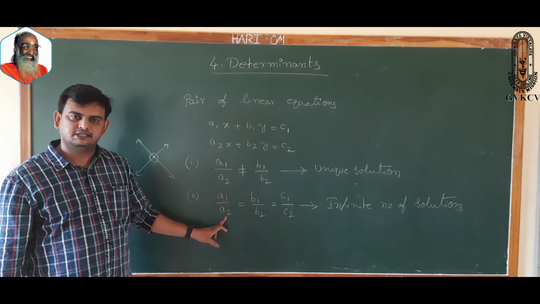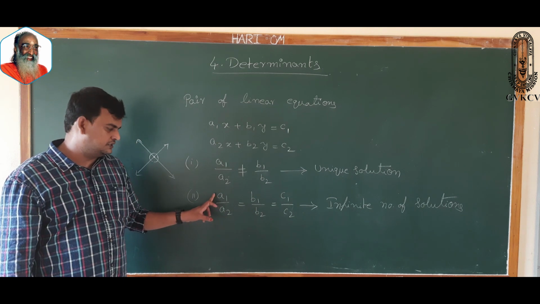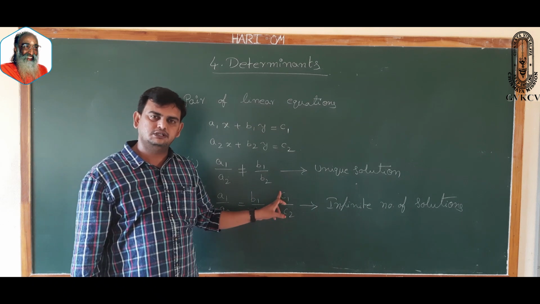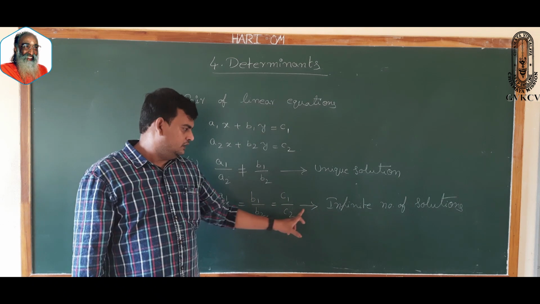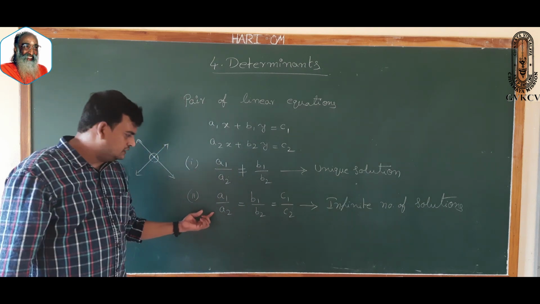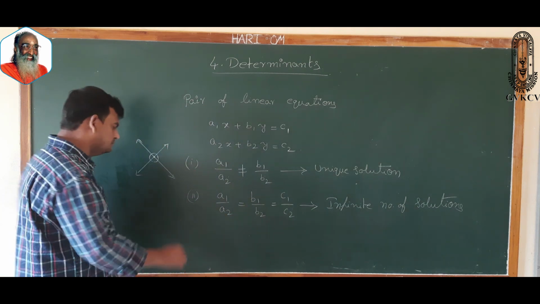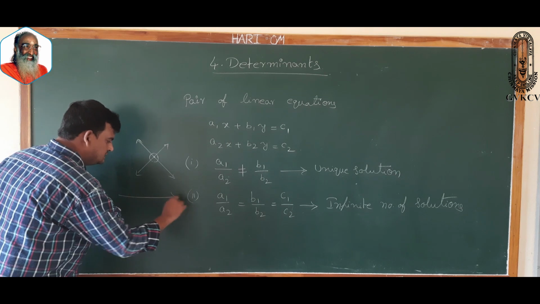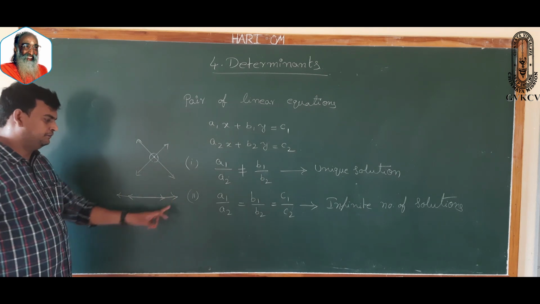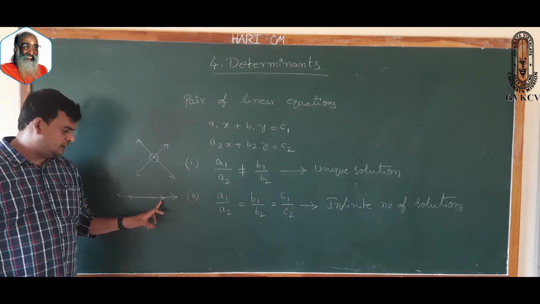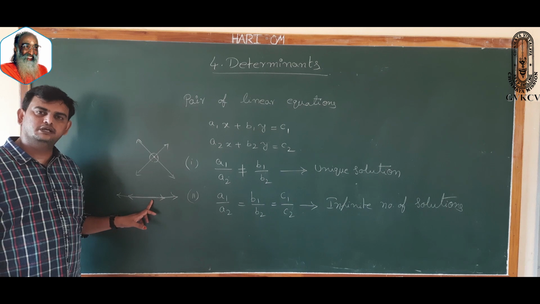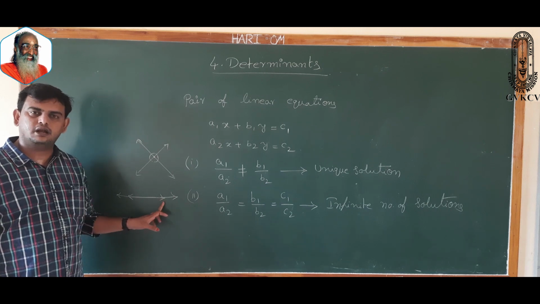When a1 by a2 is equal to b1 by b2 is equal to c1 by c2, we have an infinite number of solutions. Whenever this condition gets satisfied, it means the lines are coincident lines. Here, this is line 1 and on the line we have another line, so these two lines coincide.